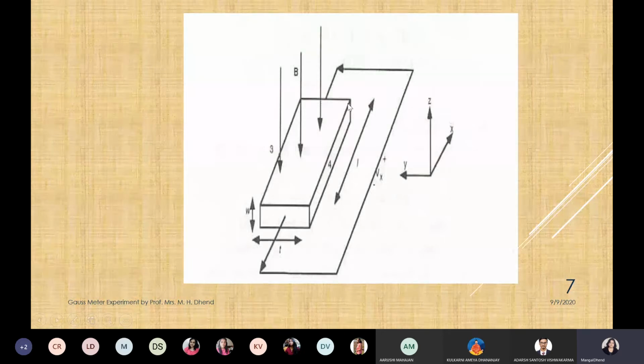So 4 wires will be there for the probe. The first 1 or 2 wires will be for current passing and another wire will be for measuring voltage. But it will be included in the Hall voltage generator. So this same piece is used in the Hall voltage generator. That is called the Hall voltage generator.